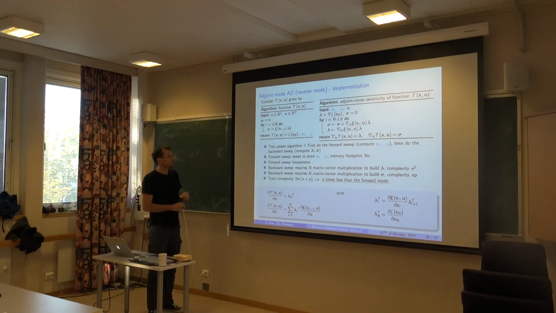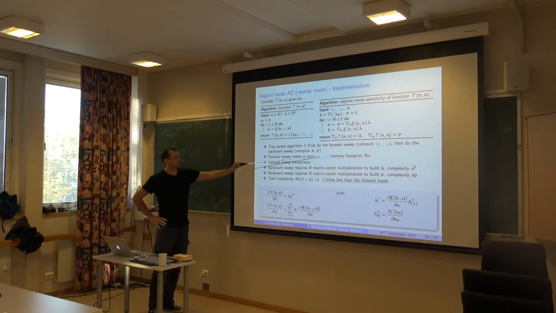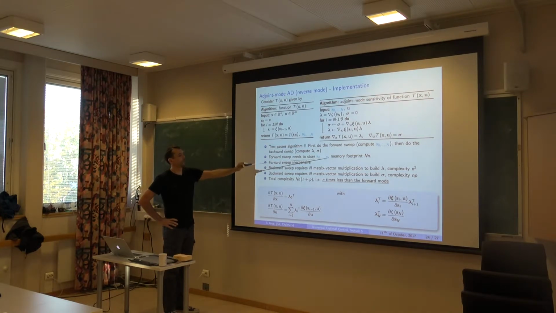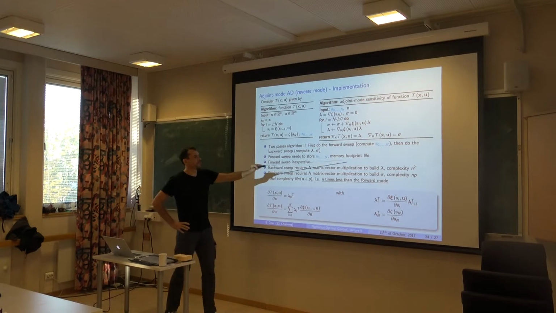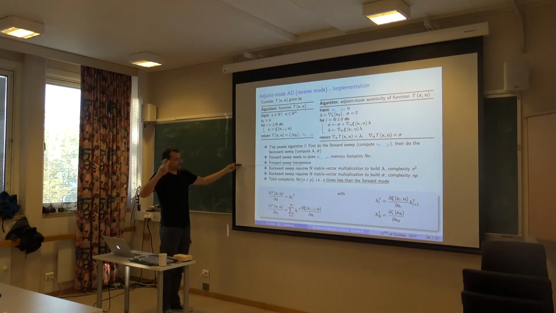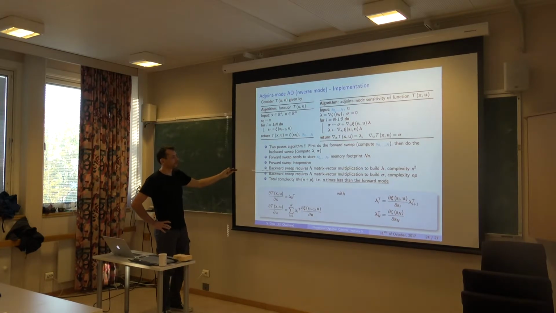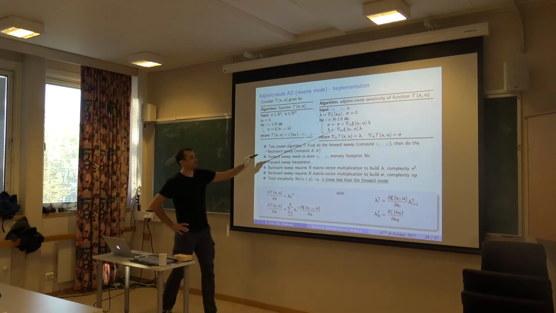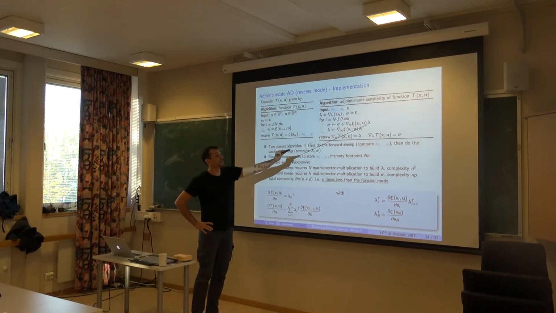So forward, backward, you need to store the trajectories on the forward step. So there is a bit of memory footprint, but that's n times n. This is quite inexpensive. It's just a simulation, so that's typically cheap. The backward pass, or sweep as it's sometimes called, you also have matrices, but matrix-vector multiplication.